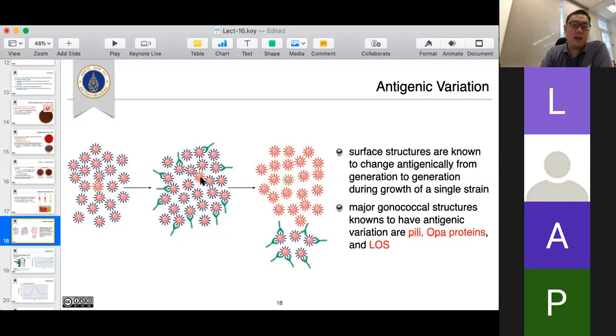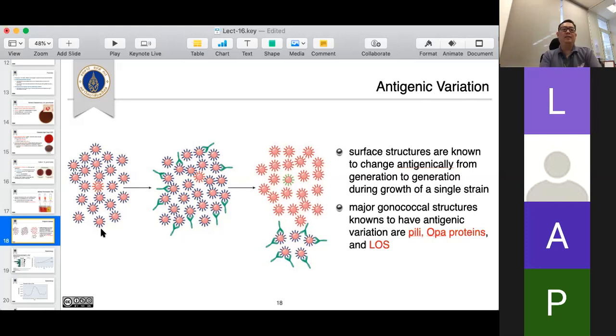Just the red color, the new antigen, can boom up. So the population of Neisseria changes antigen, and when they get a new antigen, something newer can also mix inside the population. Once the antibody against the red one dies out, the green one comes. This is the way of antigenic variation. Neisseria keeps changing antigen, and that makes them survive the immune response.